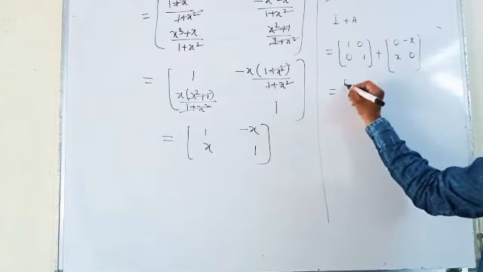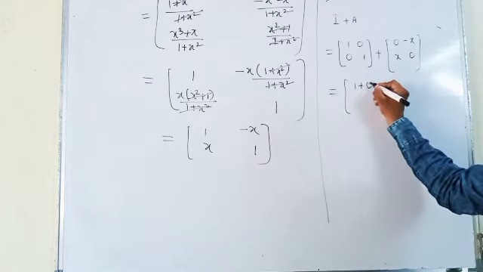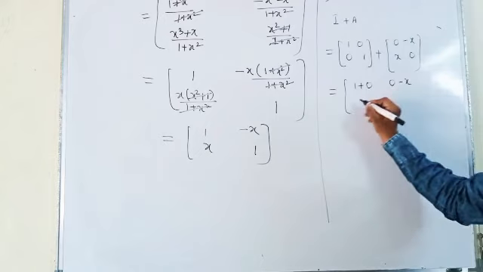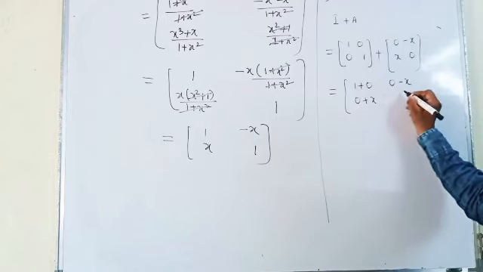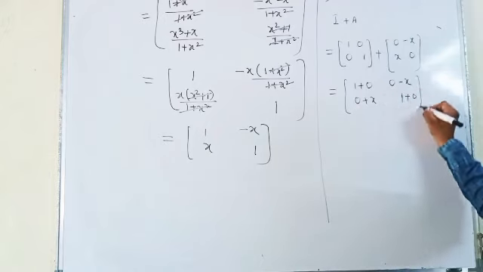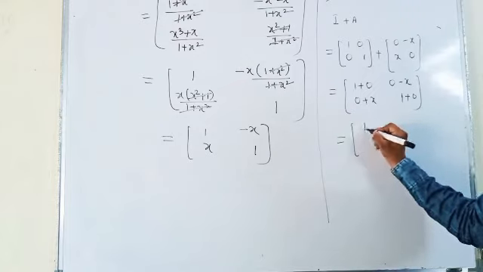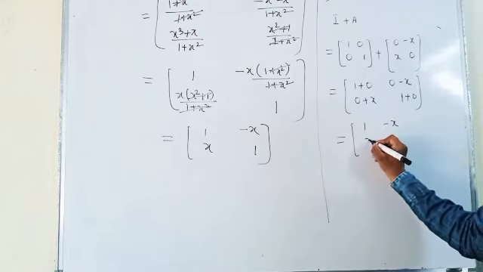Now we will add these values: 1 plus 0, 0 minus x, 0 plus x, and 1 plus 0. So this becomes 1 minus x, x and 1.